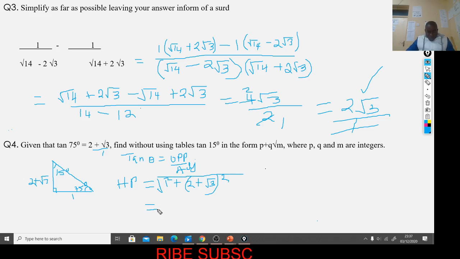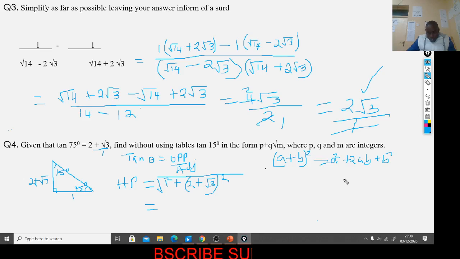I can expand this using the principle that a plus b, all squared, equals a squared plus 2ab plus b squared.